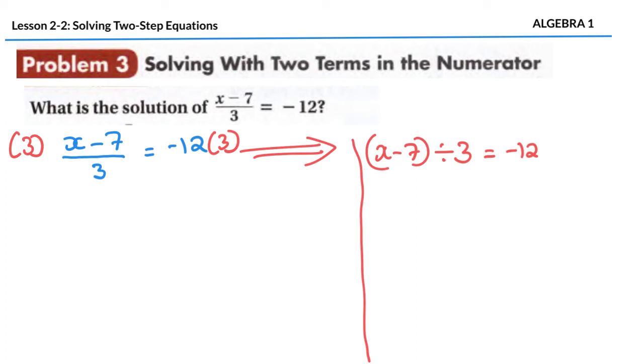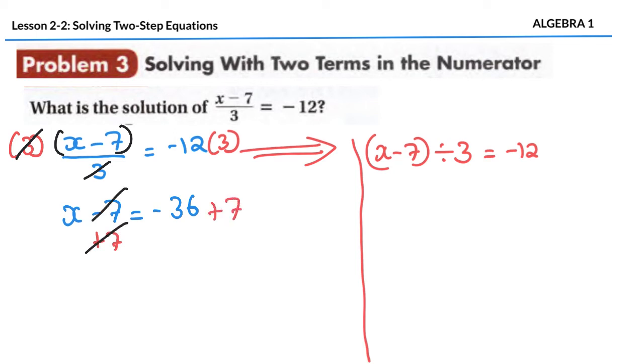This 3 cancels with this 3, and of course this is in brackets, and we are left with x minus 7 is equal to negative 12 times 3, which is negative 36. Now from here you pretty much know how to proceed. How will you remove negative 7? By adding 7 on both sides of the equation.